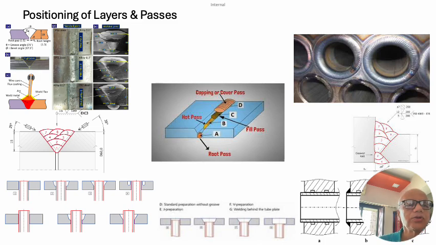So that is also described here, and as we see on the visual, internally you see clearly two lines. One is the fusion line, another one is the penetration line. Like in the earlier slide we saw that there is a dilution, similarly a dilution happens between the layers and between the passes also. So every pass may have a different chemistry, every layer may have a different chemistry based on how much dilution we are permitting.